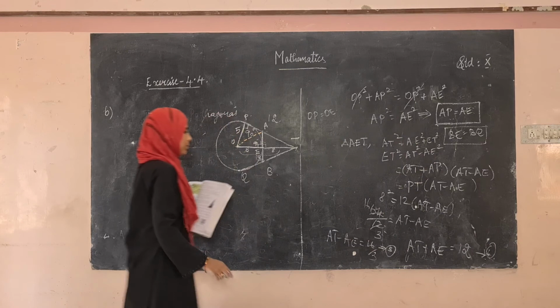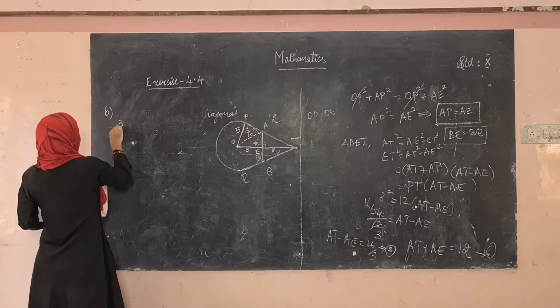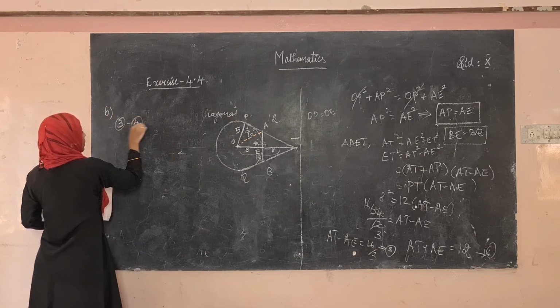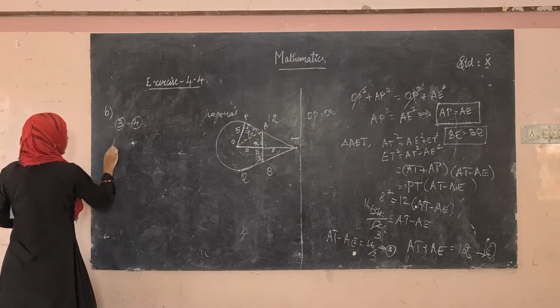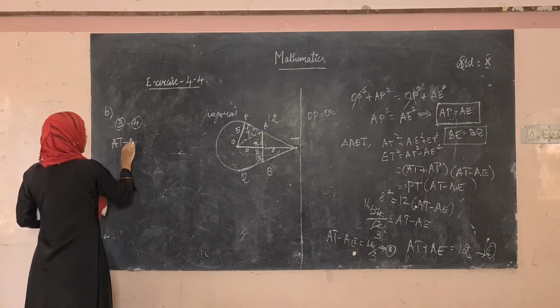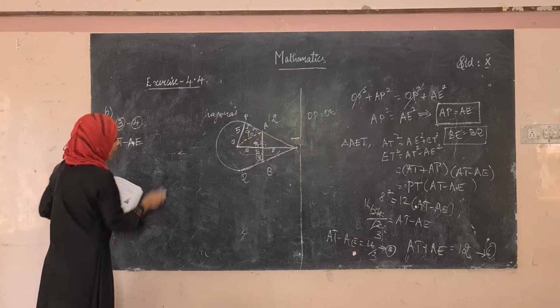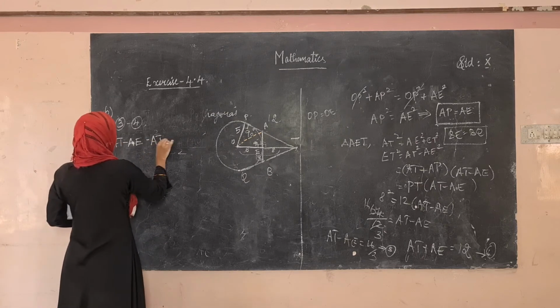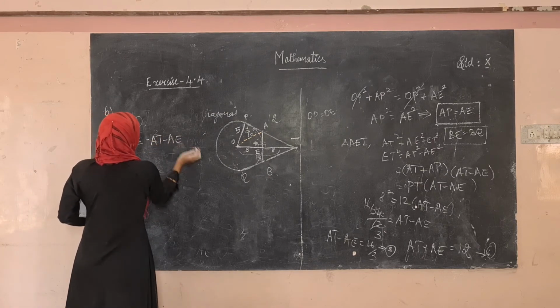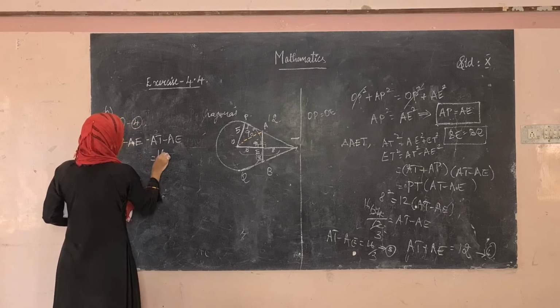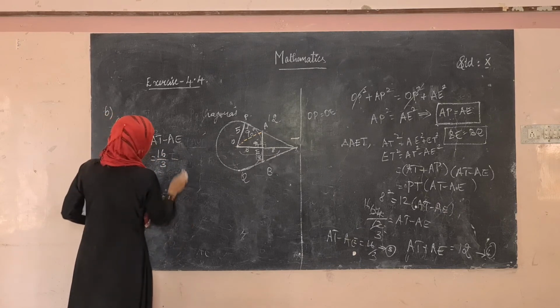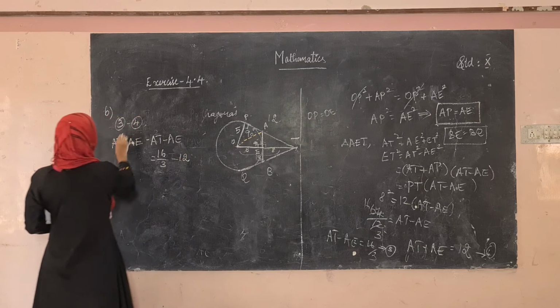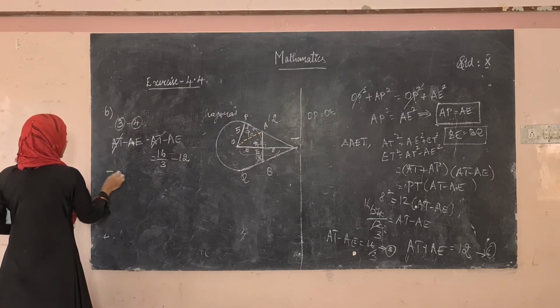Now see here, equation 3 minus equation 4. In the left hand side, AT minus AE minus AT minus AE, and in the right hand side it is 16 by 3 minus 12. See, AT minus AT gets cancelled.